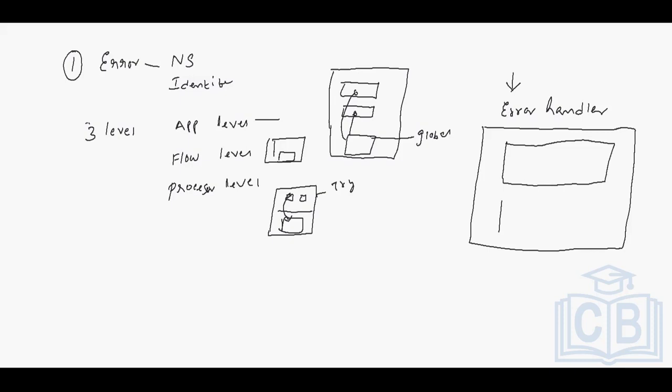Inside the scope, we will define our error handling logic, what to do when the error occurs. That logic will be defined inside the error handler scopes. There are two types of scopes. One is on error continue scope and the other is on error propagate scope.